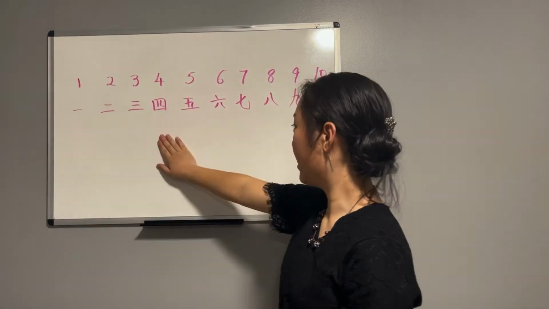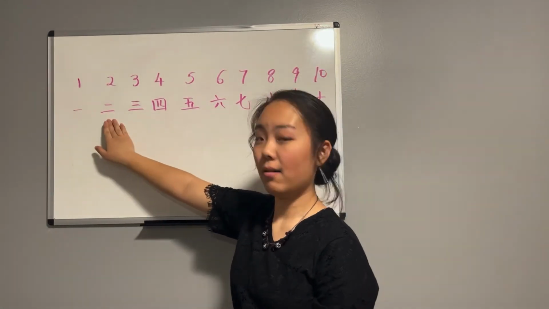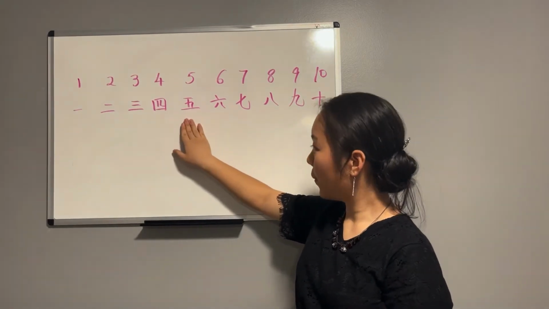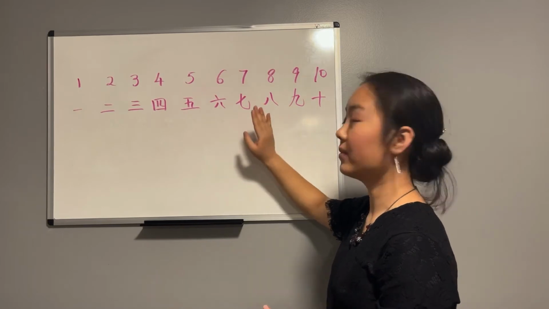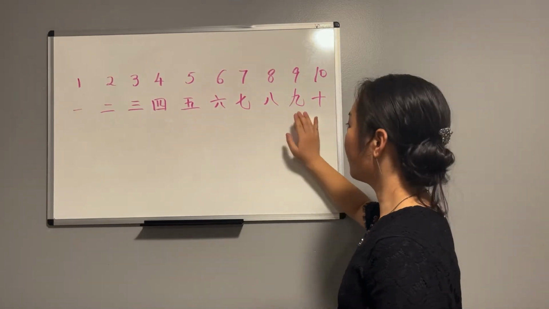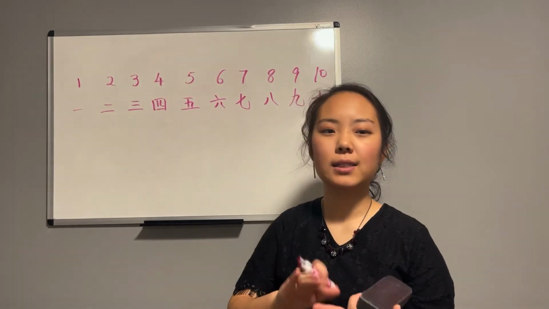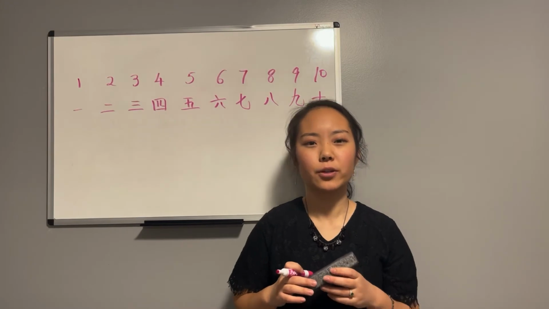So let's say this all together. 1, 2, 3, 4, 5, 6, 7, 8, 9, 10.